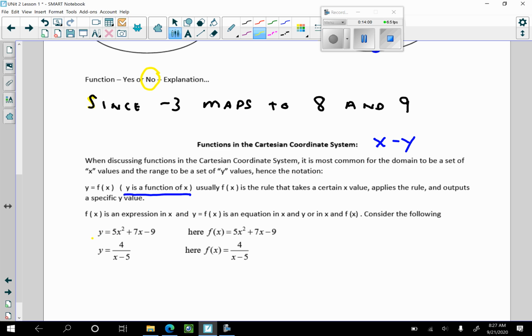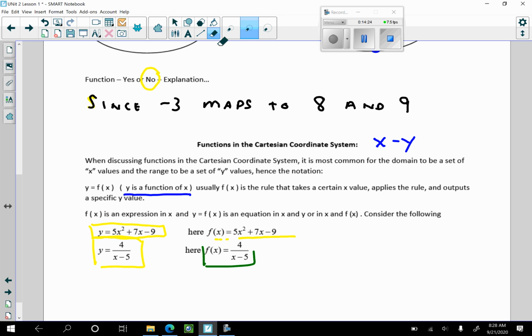This is the same as this right here. They usually use this notation when talking about the graph of a function. You will see this y equals notation when you're talking about the graph of a particular function. Both of these guys are functions here.